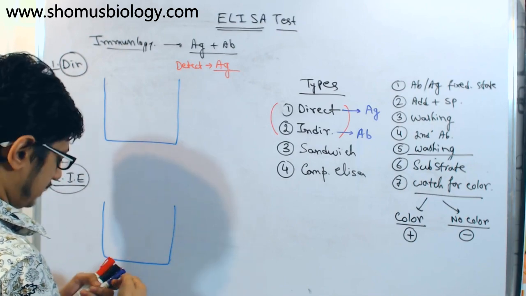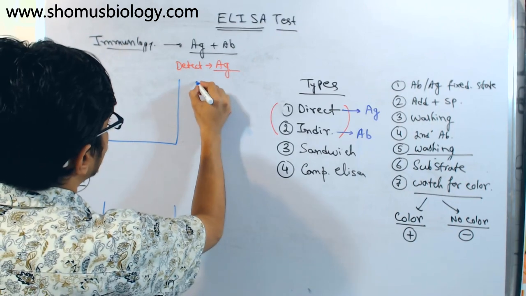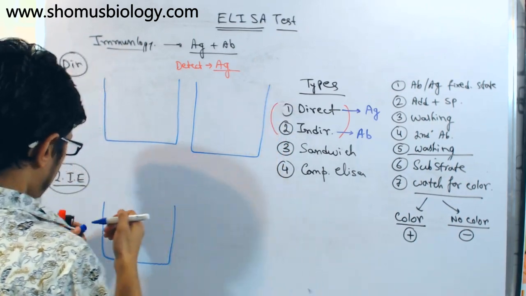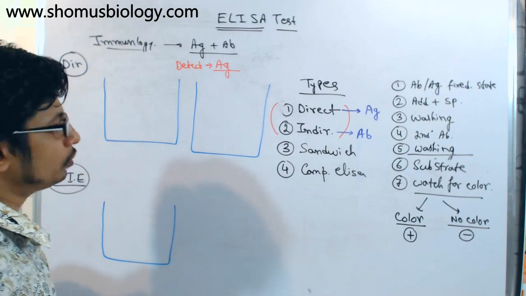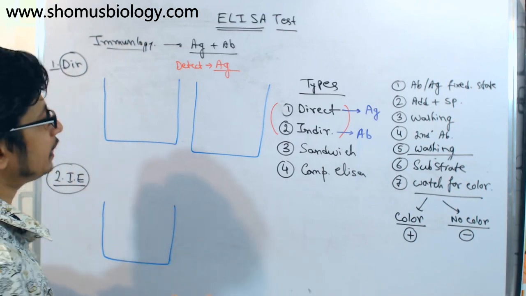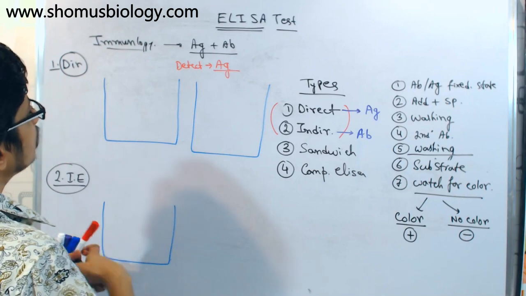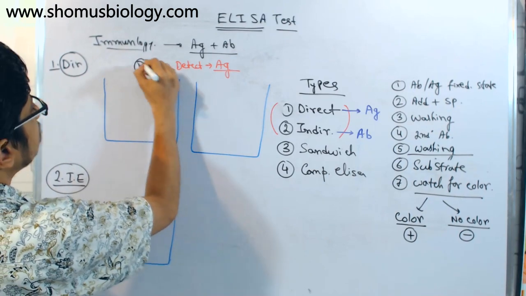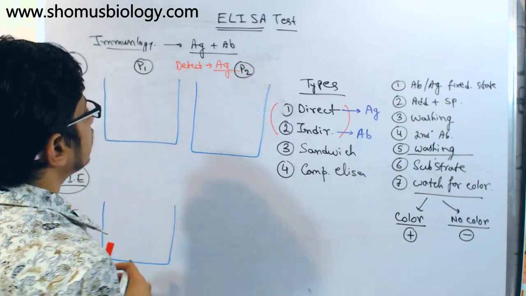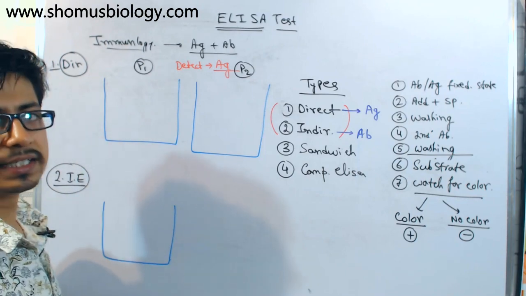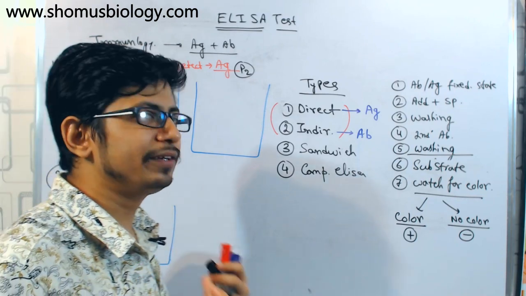So there are two situations. Let me draw two wells. The samples used here are coming from two different patients: patient number one and patient number two. Let's say we are trying to detect whether the patient has any kind of infection or disease or not.